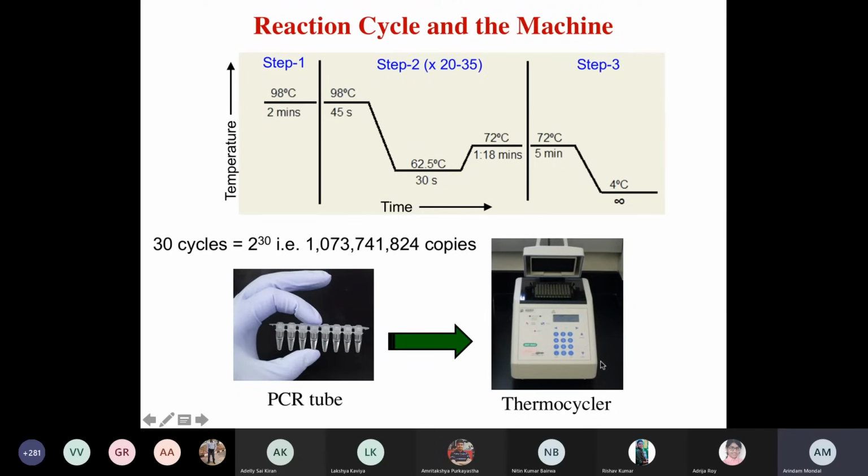So in such a small instrument, within such small reaction tubes, you can synthesize a huge number of copies of the DNA within a 1 hour time period. Okay. So this is the PCR reaction. Any questions?